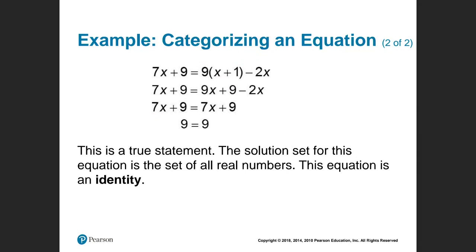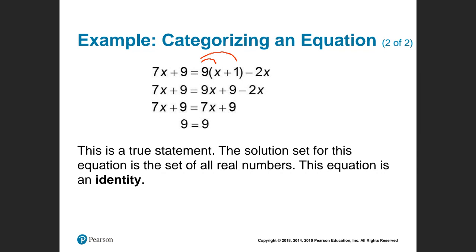Another example: 7x plus 9 equals 9 times x plus 1 minus 2x. Again, the same, distributive again. 7x plus 9 equals 9 times x is 9x, plus 9 times 1 is 9, minus 2x.